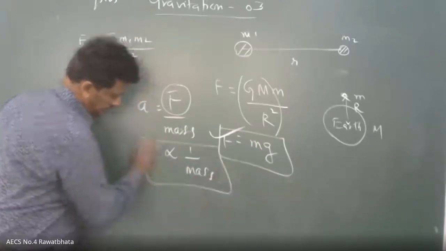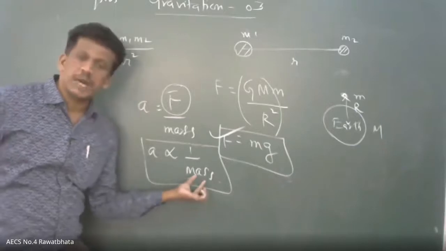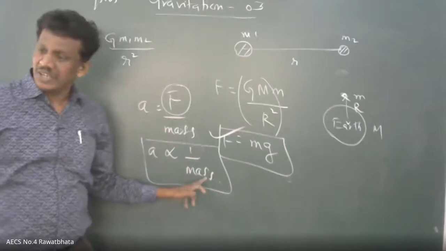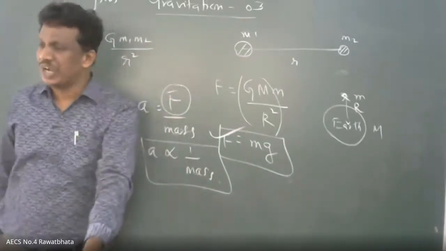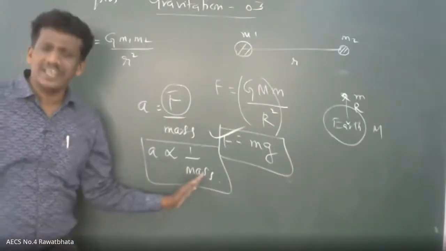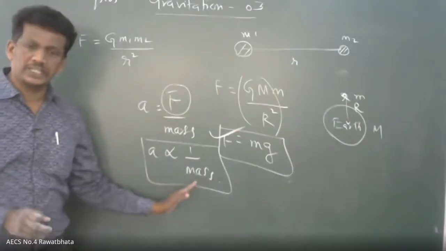In the case of the Earth, the mass is much heavier, 6 into 10 power 24 kg. 1 upon 10 power 24 kg is almost 0. So what is the acceleration of the Earth towards the apple? Practically 0. It has something, but negligible.